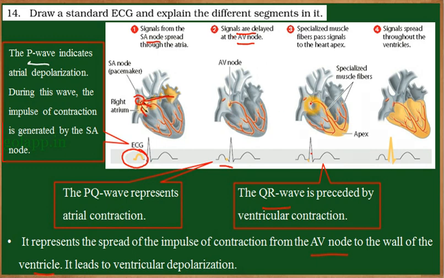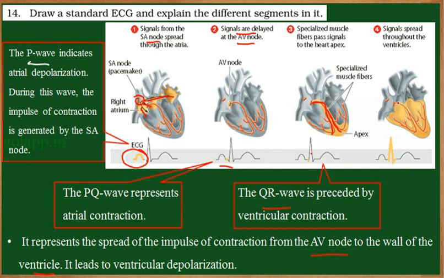The AV node transfers the impulses to the walls of the ventricles. So the QR wave represents the spread of impulses from the AV node to the walls of the ventricles. This leads to ventricular depolarization. The complete QRS wave says that the ventricles are contracting.